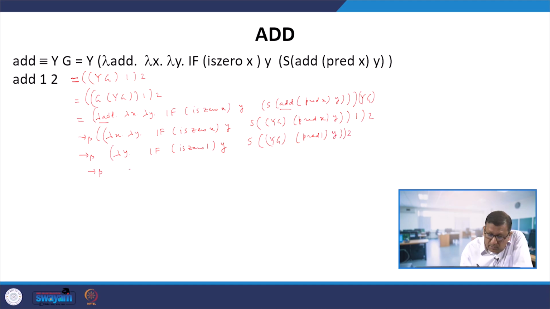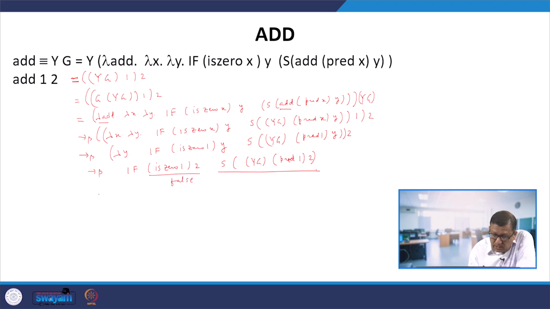Again beta reduction will give us if is 0 1, 2, s of Yg, pred of 1 and 2. Now is 0 1? 1 is not 0, so this part is false. So we will get the answer as successor of Yg, predecessor of 1 is 0 and it will be 2. This is what we have obtained. Now we have to compute Yg of 0 2.